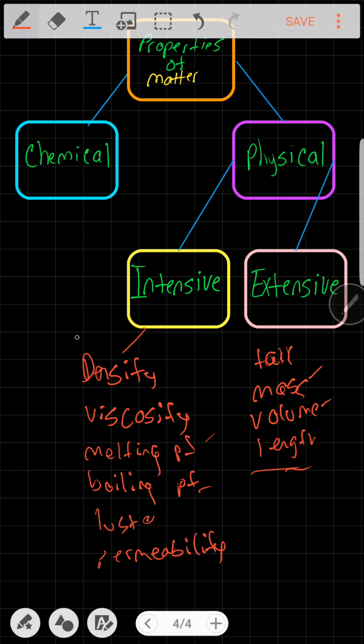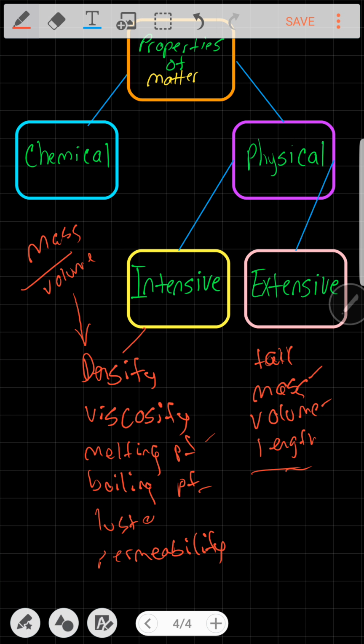Take density, for instance. In class, I asked if you thought density was an intensive or extensive property, and a lot of you said your first thought was that it's extensive because it has mass and volume. Well, the mass and volume are a ratio. Every time my mass went up, my volume went up by the exact same amount, every single time.